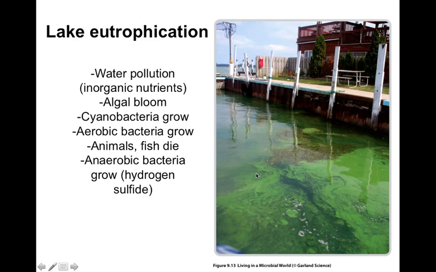So this is a process that happens after there is pollution into a lake, and it can destroy that lake. You should know the steps and why one step causes or feeds into the next one.